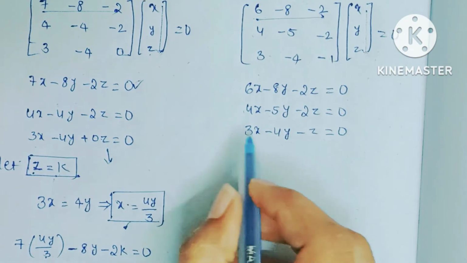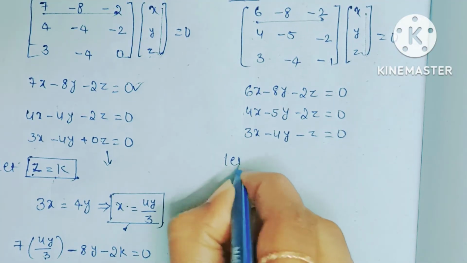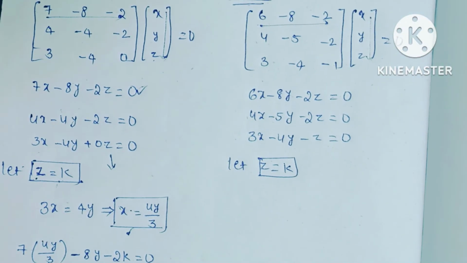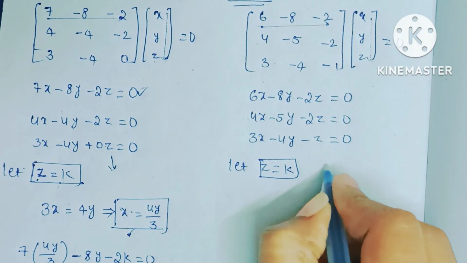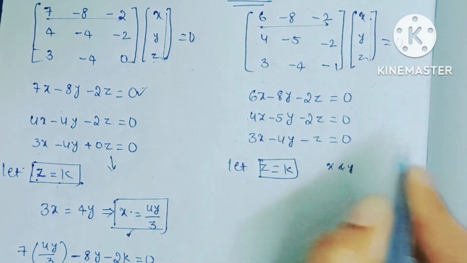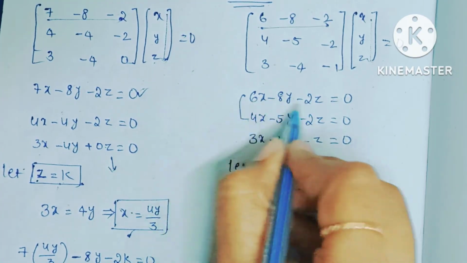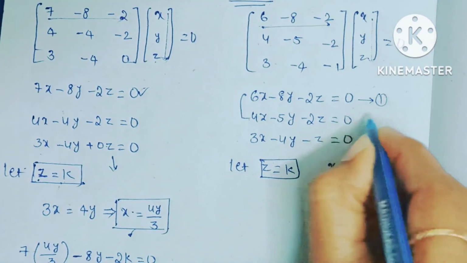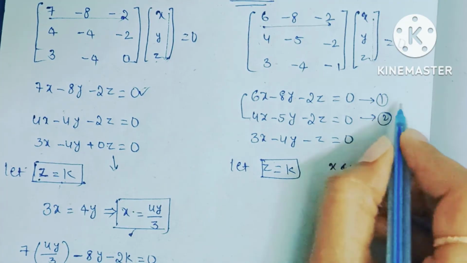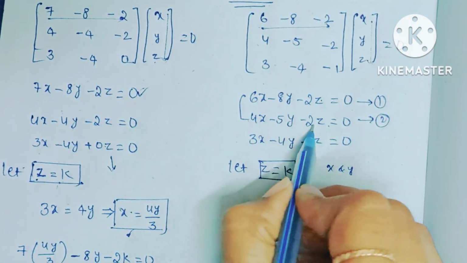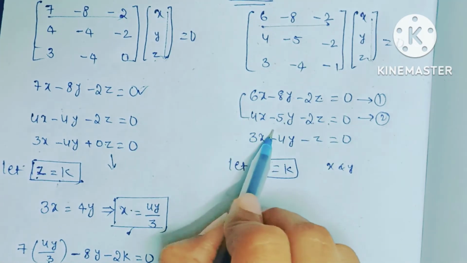Let z equal to k. For finding the relation between x and y, I am removing z. If this equation is 1 and this equation is 2, I am subtracting 1 minus 2, so that the 2z will cancel and we will get the relation between x and y.